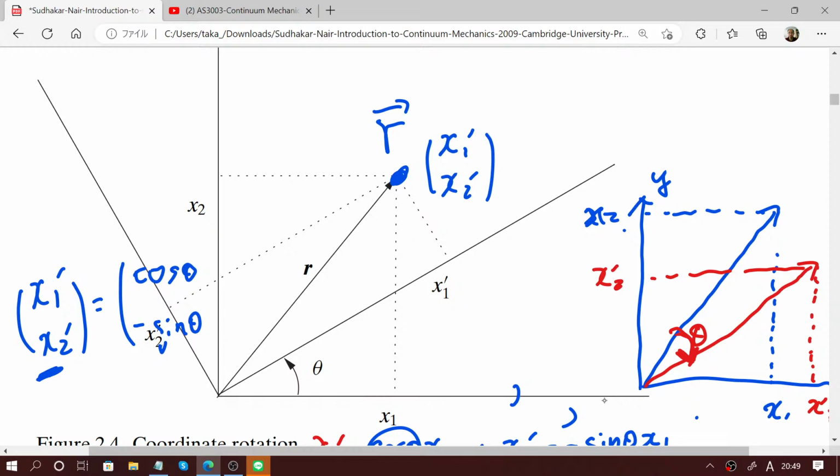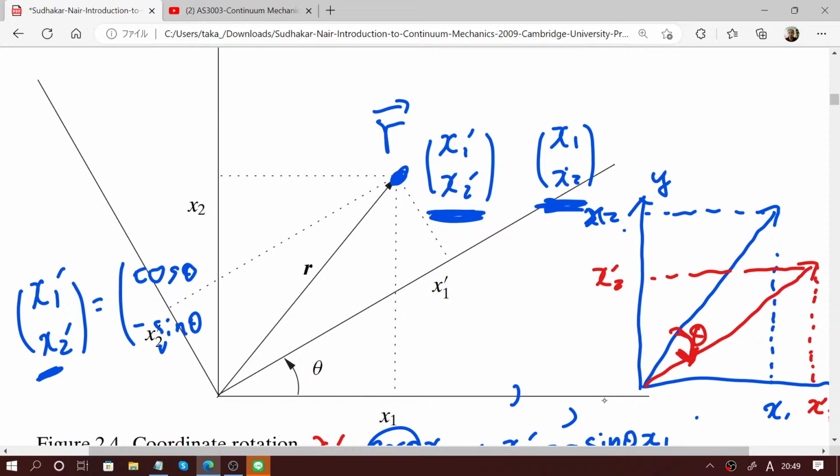If you use unprimed coordinates, this is x1, x2. See, these numbers, x1 prime and x2 prime, are different from x1 and x2, because we use a different coordinate.